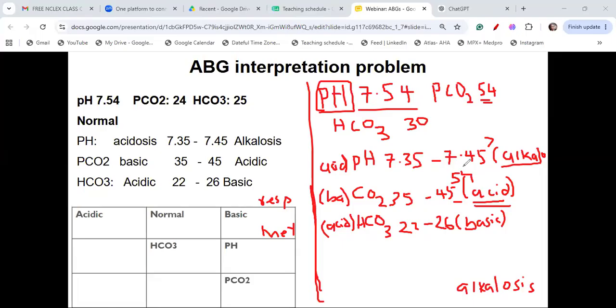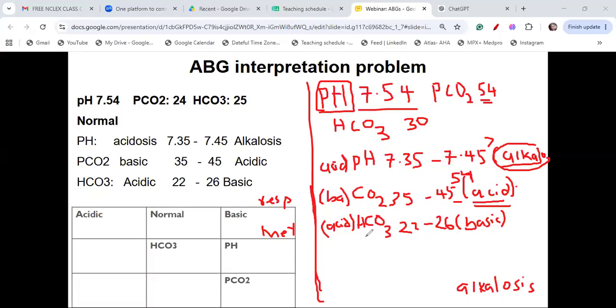Does it match your pH? It does not match your pH. So it's not the problem. Don't pick on it because I've said your pH is the one that guides you to what must match it. So your pH is alkalosis. Your CO2 is acidic. They don't match. So you don't settle on that.